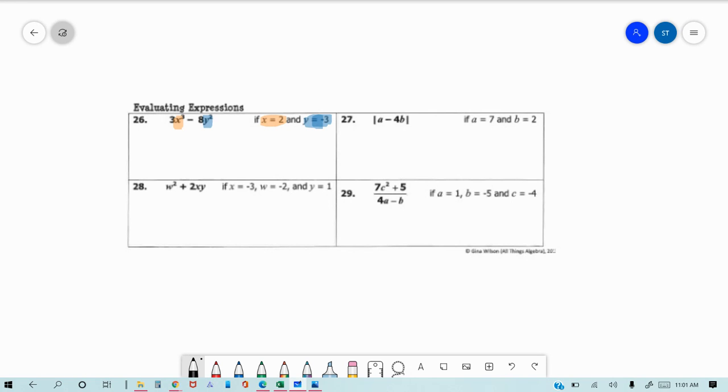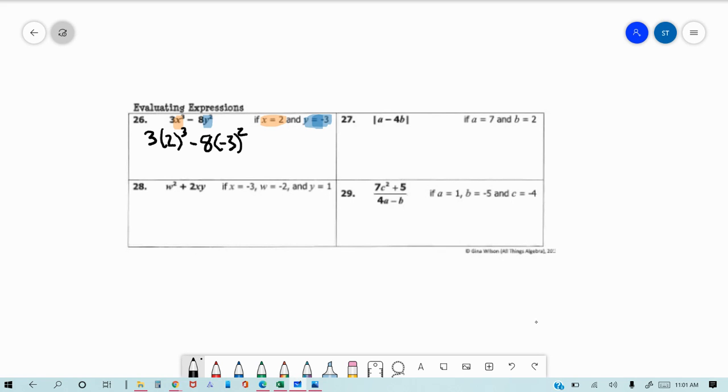So it would be 3 times 2 cubed minus 8 times -3 squared, okay?